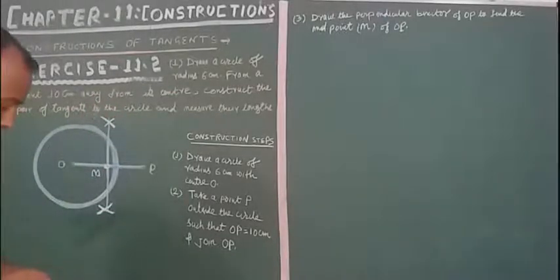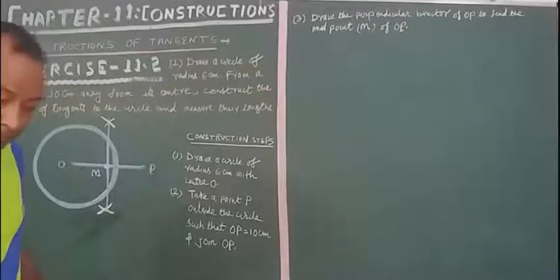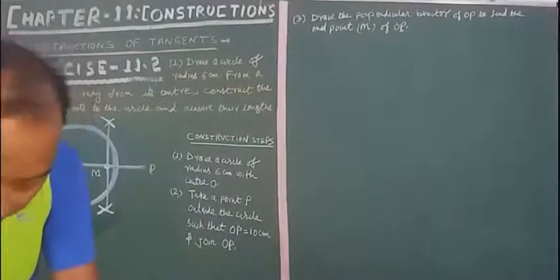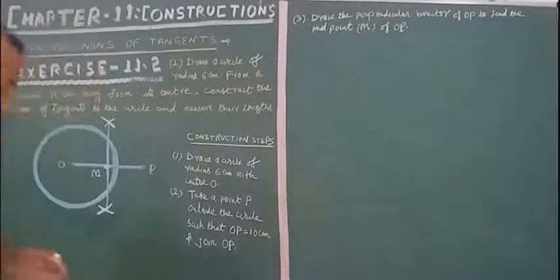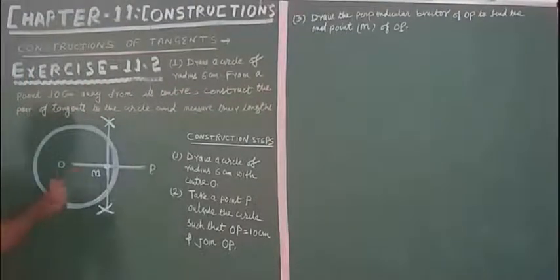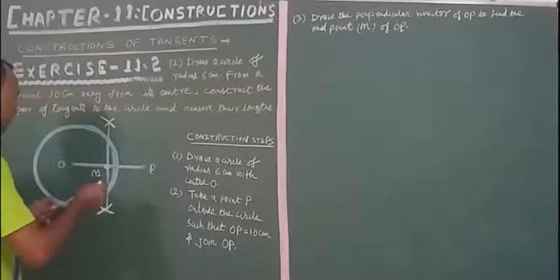Now we will take M as a center and the radius is equal to OM or MP. We will construct a circle.